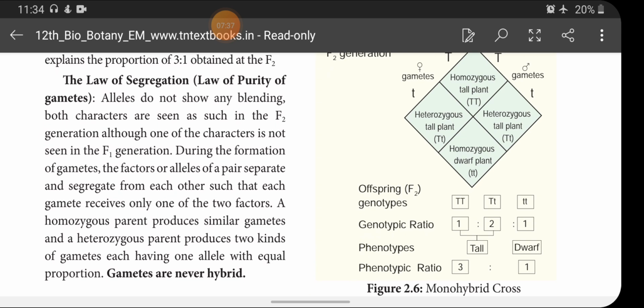There is no dwarf plant and no medium height he could find in the F1 generation, only tall plants. But the parents are a pure breeding tall one and a dwarf one. Though two characters are conducted simultaneously to the offspring, only one parental trait is expressed in the offspring. The character which is expressed in the offspring is called dominant. That indicates the law of dominance.